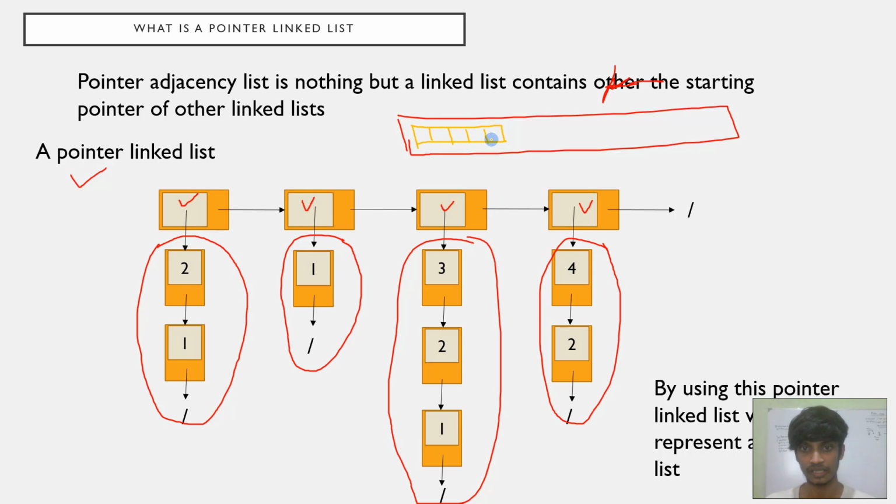So this is one list, and this list is a member of this major list, and there could be another list like this, and this list is again a member of this main list.